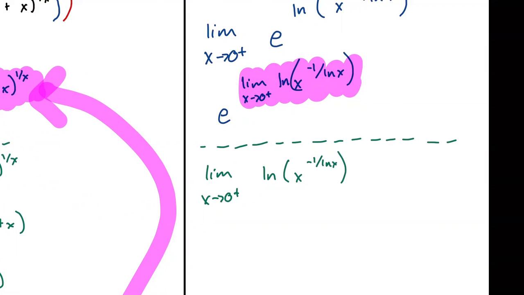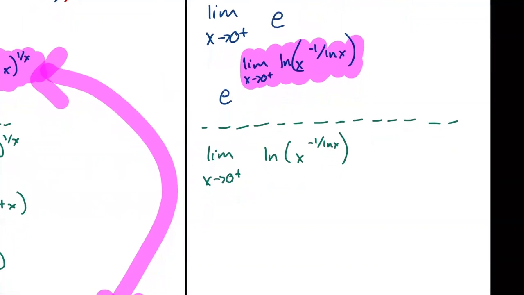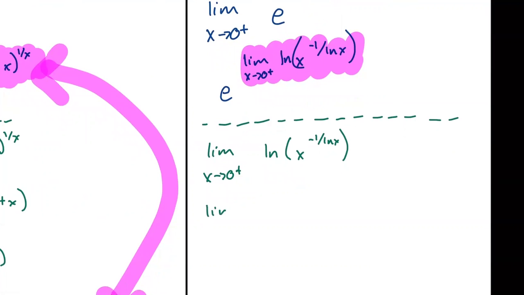Power rule says that this comes down in front of the ln. So we have the limit as x approaches 0 from the right of -1 over ln of x times ln of x.